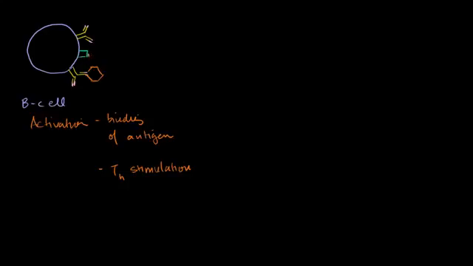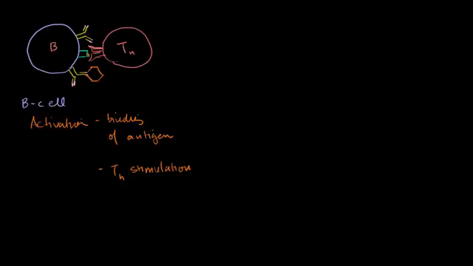And then an activated helper T cell whose variable portion of its T cell receptor is specific to this could come along and activate this character. I'm not drawing that receptor well, but that right there is a helper T cell, and that is the B cell.